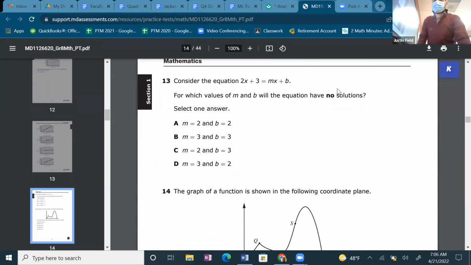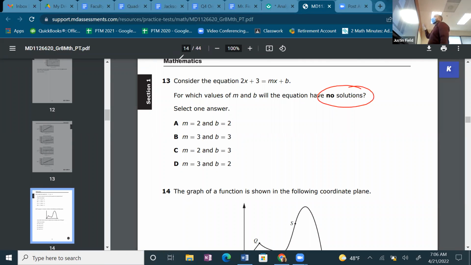Okay, 13. Go ahead and write down 13. Write down 2x plus 3 equals mx plus b. What is mx plus b? Slope intercept, right? All right.